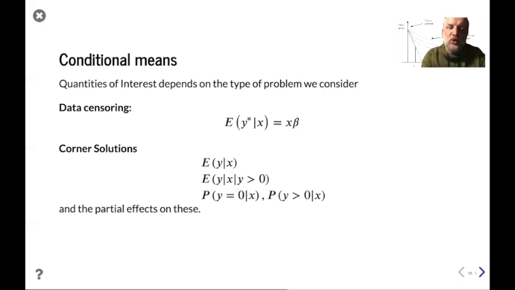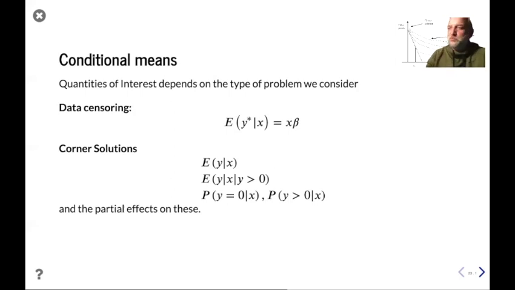Now in the corner solution outcome case, that variable is not of particular interest, okay? This latent variable, maybe you can give it some kind of utility meaning, but it's not the latent variable, it's the observed outcome that is of interest, right? So if you think about the number of hours that people are supplying in the labor market, you don't care so much about the latent number of hours.